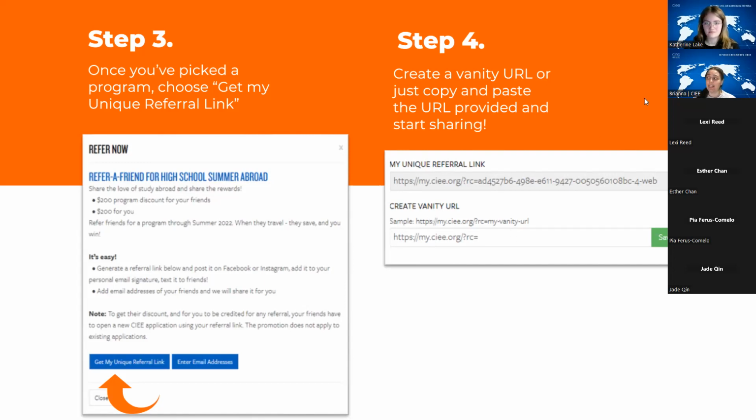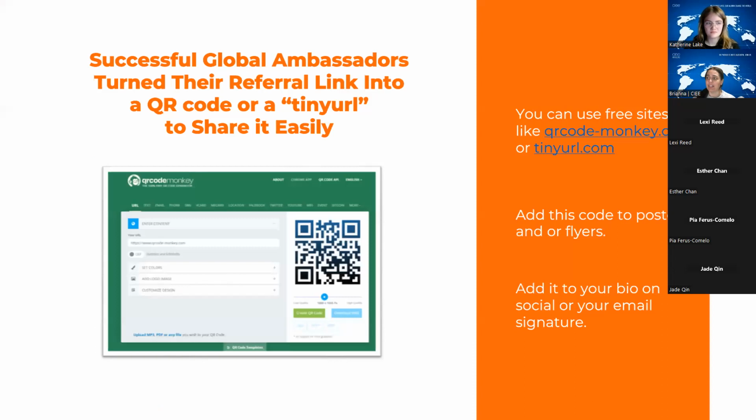You could then take your link and turn it into a QR code. Super easy, right? Have this QR code on posters around your school. Post it on social media. Get this QR code out there, a super easy way to make it so people don't have to type in any link.